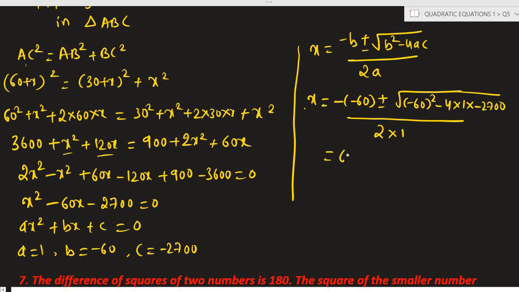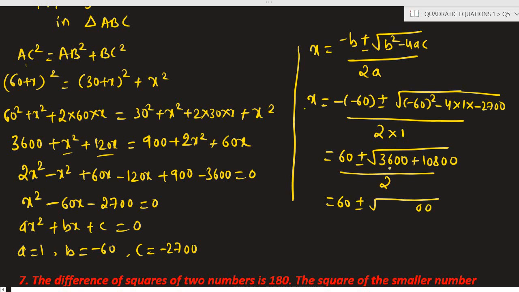So this is 60 plus or minus root 3600 plus 10800 whole divided by 2. This is 60 plus or minus root 14400, that is 120, whole divided by 2.